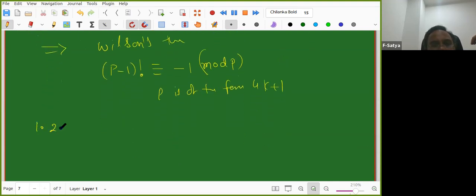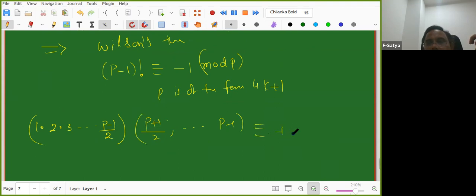So 1 into 2 into 3 up to (p minus 1) by 2, into (p plus 1) by 2 up to p minus 1, is congruent to minus 1 modulo p. This last part is like p minus 1, p minus 2, and so on.